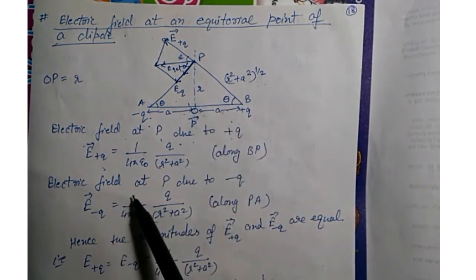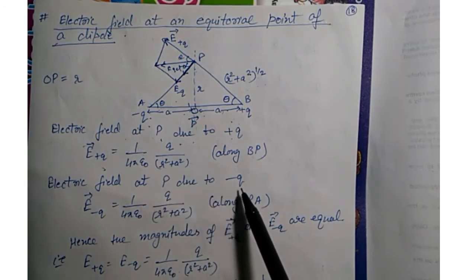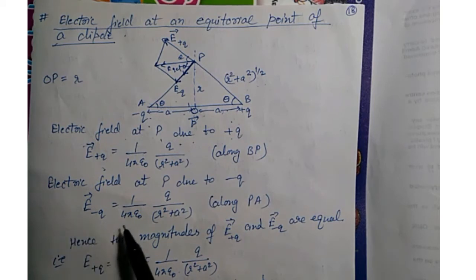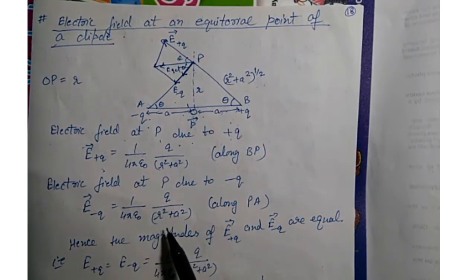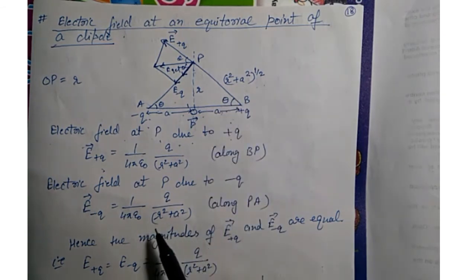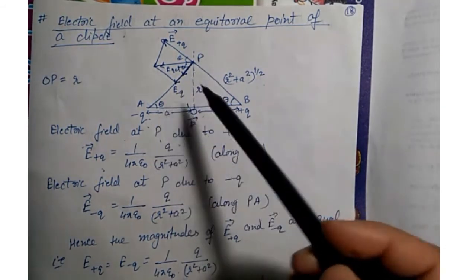Now similarly for the charge minus Q, the field E minus Q vector is given by 1 upon 4 pi epsilon naught Q upon the separation square. Now the separation is under root, so taking the square, we are getting R square plus A square, acting along PA.